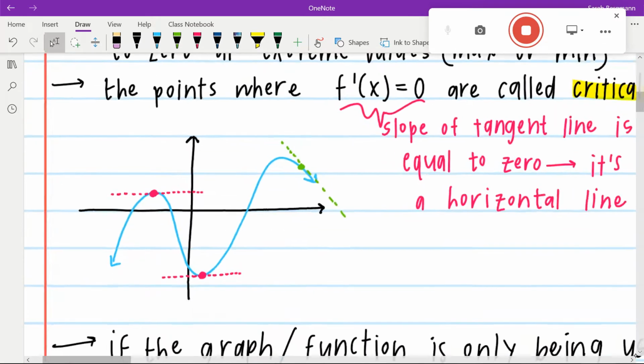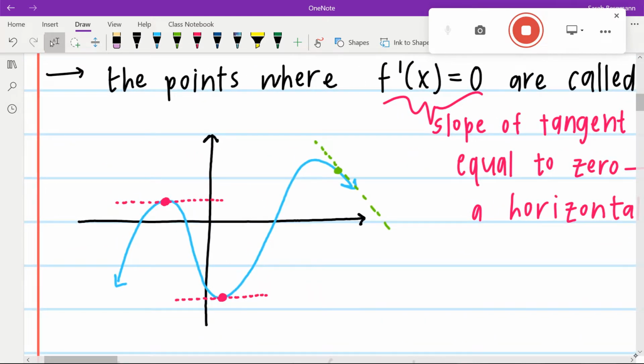Let's take a look at an example of a graph. On this graph, you can see at these two pink points, which would be relative maximum and minimum points, meaning they're higher or lower than the points around them, you can see that the tangent lines at these points are horizontal lines.